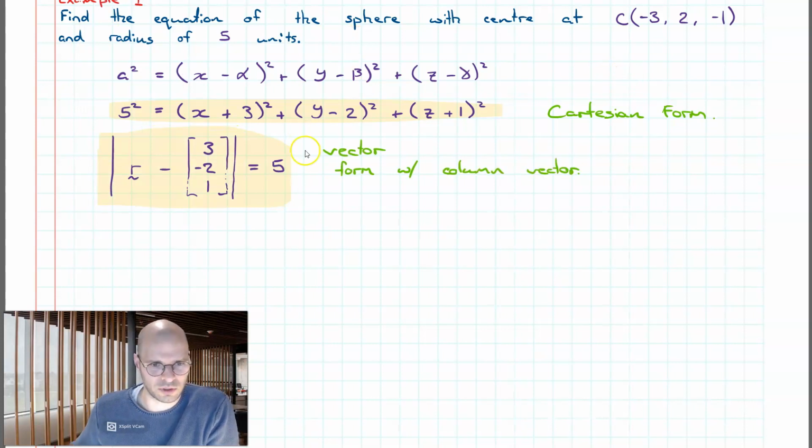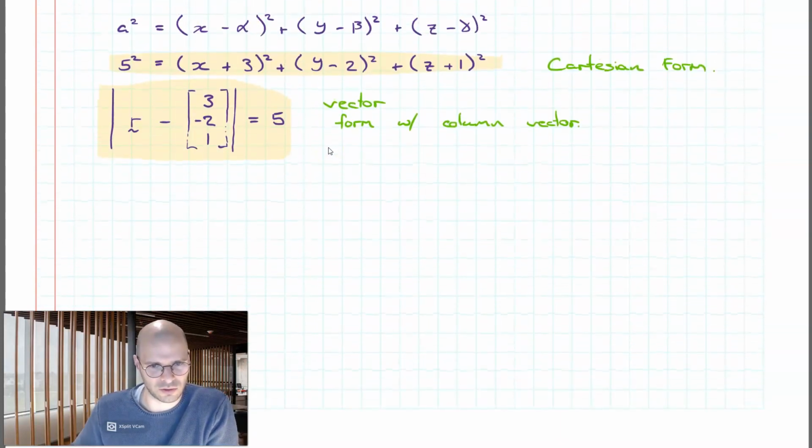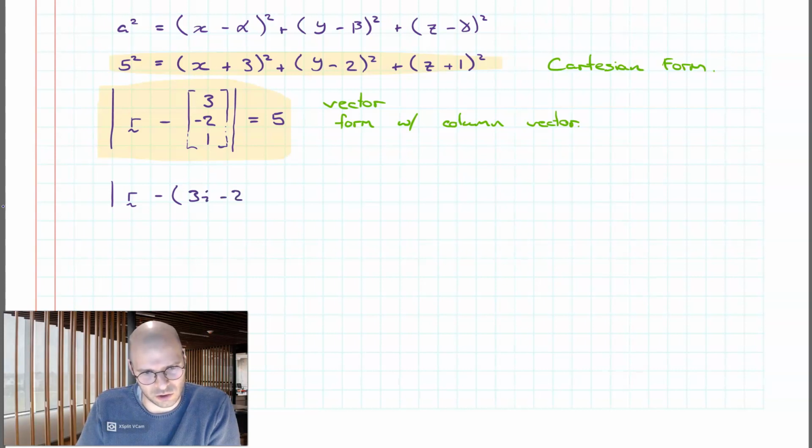And the final way in which we can do this using our vector form is we can say the absolute value of arbitrary vector r minus, in brackets, (-3i + 2j − k), and that's all equal to 5.